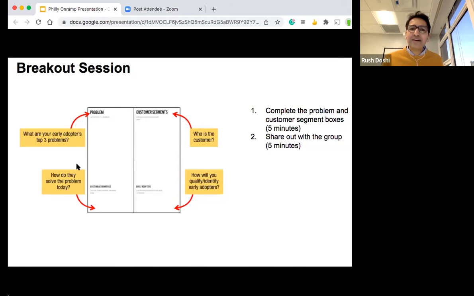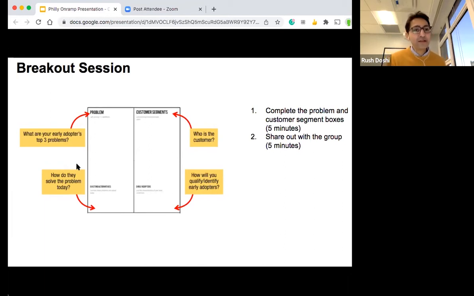I don't know if we have time right now, but I thought this would be a good exercise for you, if you guys are up for it, to just take a stab at some of this. Why don't you take 5 minutes, and then we can do a quick share out for some of you who want to share what the problem is that you're looking to solve and who your customer is.